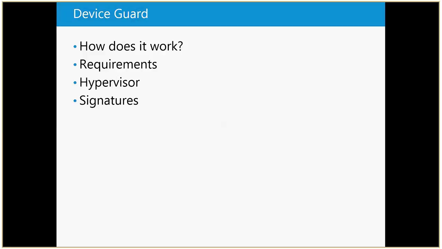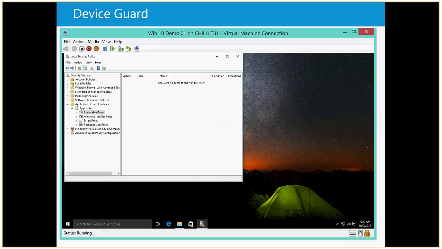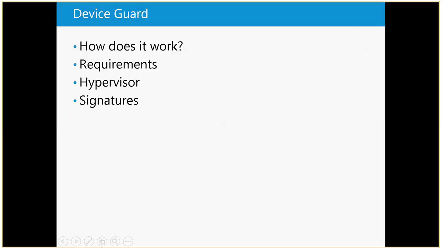That's similar to what we could do with AppLocker, only one of the big differences is that with AppLocker, that slider bar that I showed you that allowed me to control what applications could and could not be run only let me pick from publishers that had published themselves to Microsoft. In other words, I could only use signed applications that had been signed by the vendor.